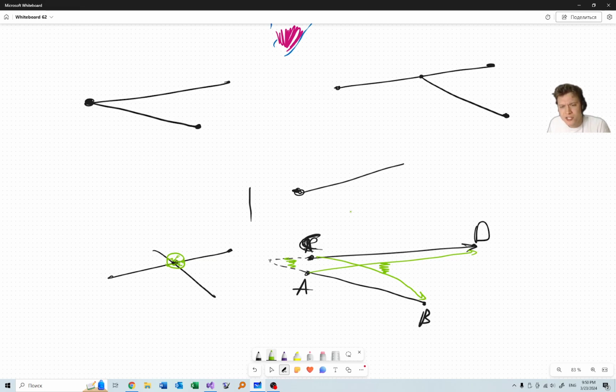Then we need to rotate until we either hit this or this. And this can be easily checked with a vector product.